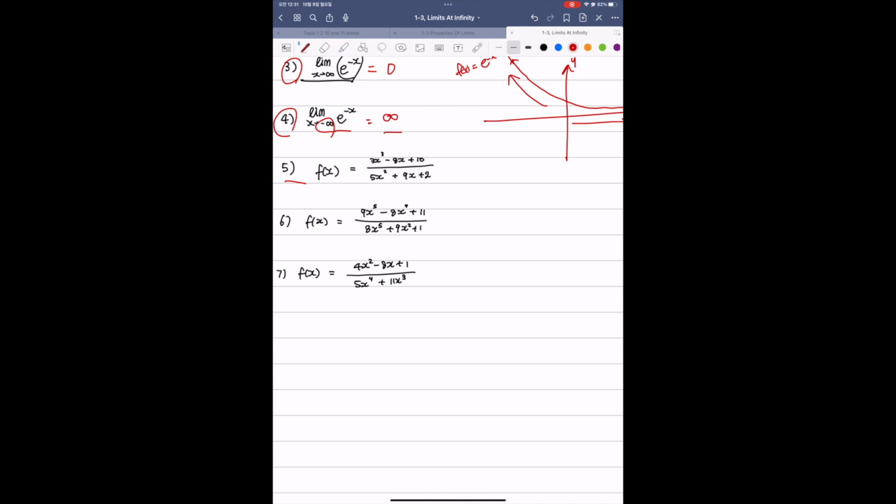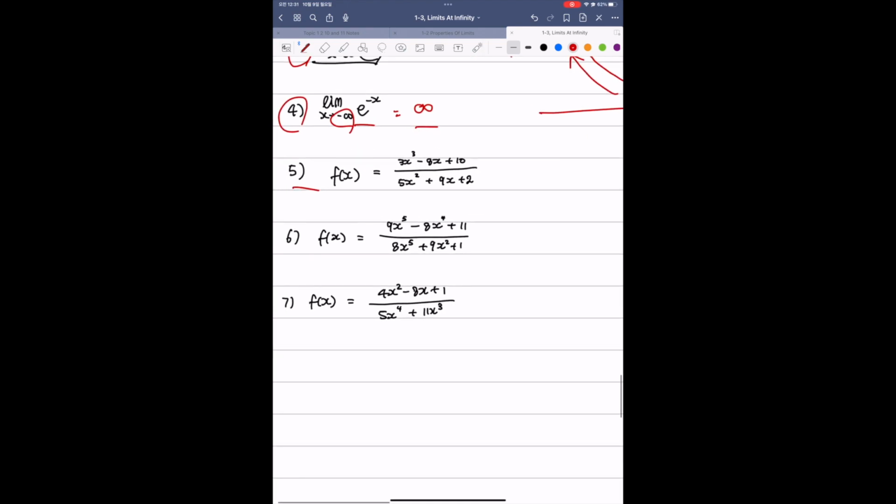Number 5. We have to apply the rules for a rational function over here. We can see that the power of the numerator is greater than the denominator's power. Therefore, this equals infinity. Number 6. We can see that the powers are equal for both the numerator and denominator.